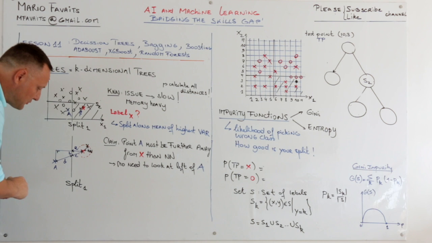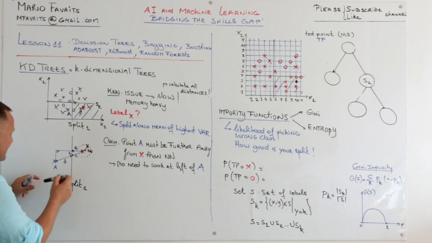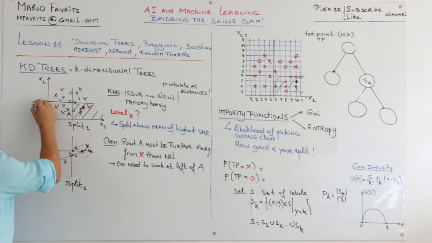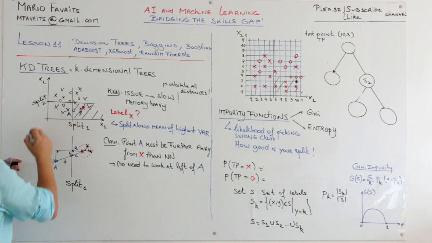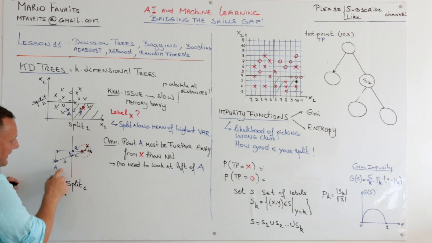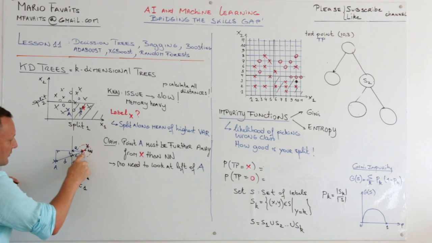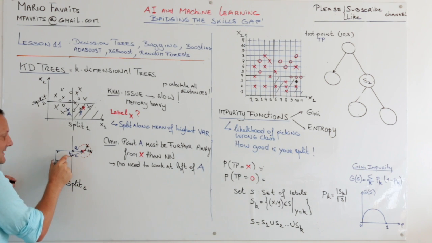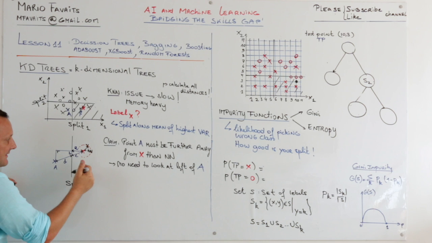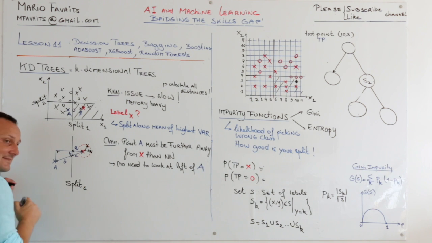So it's easy to prove. We will use Pythagoras. By the way, this one we call split number 2. So we have here the point A, the red cross, and we call this distance D, this distance C. The distance from the red cross perpendicular to the split is called A. And the distance between the red cross and its nearest neighbor we will call NN.